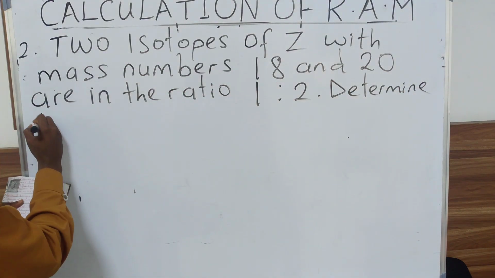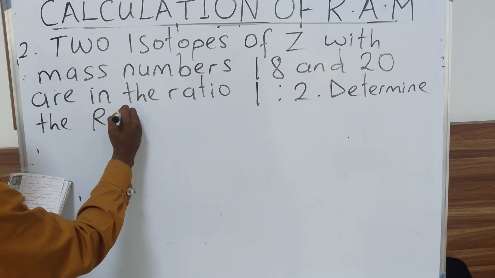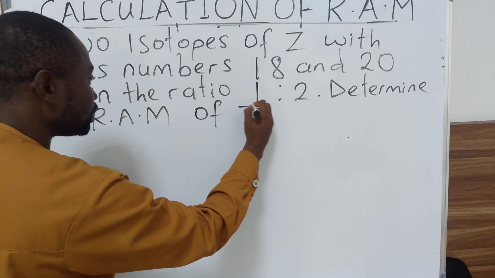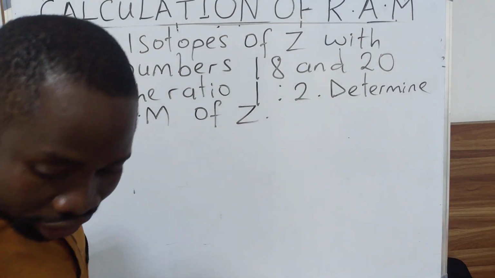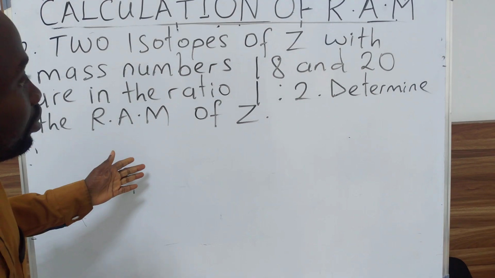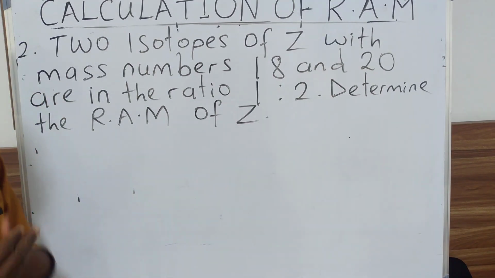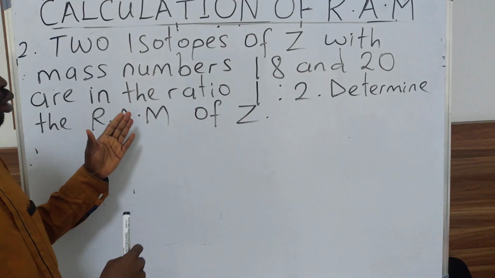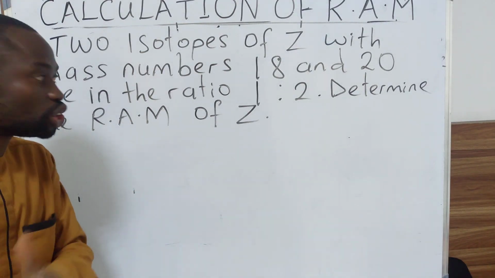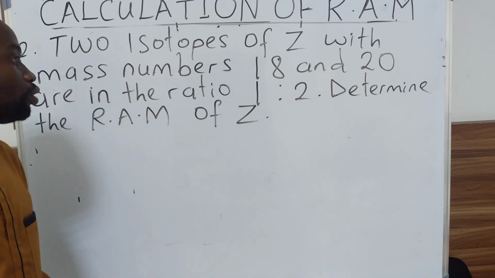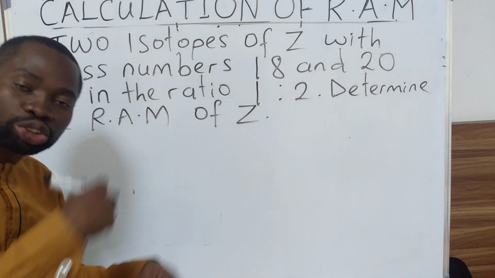Determine the relative atomic mass of Z. Okay, so this is another way the examiners can set a question on calculation of relative atomic mass. You know, in the first one that we solved, you are given the percentage composition of the isotopes. But in this case, what we have is the ratio of the isotopes.